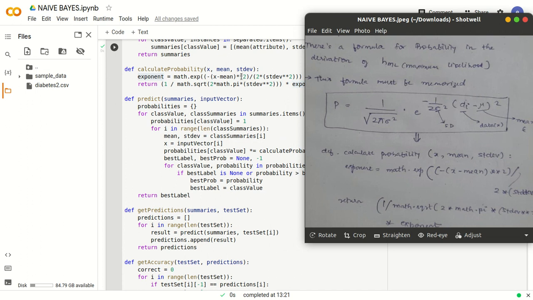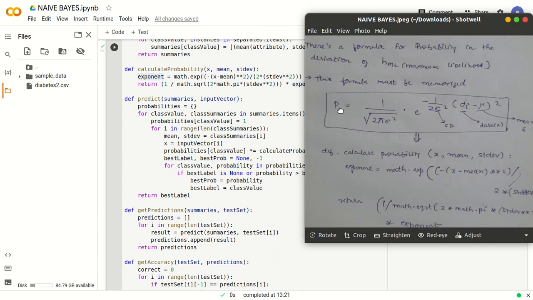When we see double star, it means power in Python. So x minus mean the whole squared, divided by 2 into standard deviation squared. So the second part of the formula is calculated here in the variable called exponent.